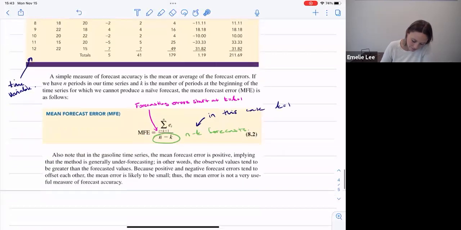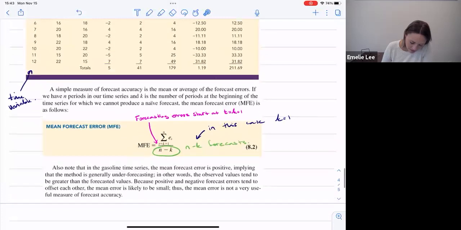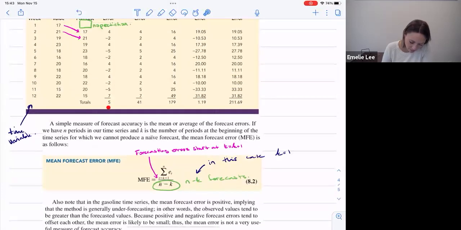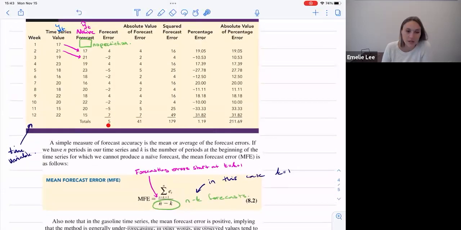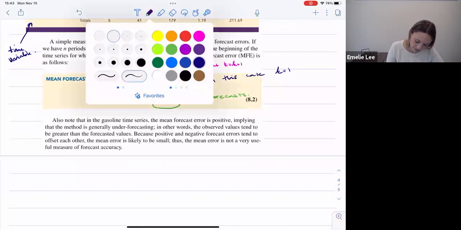So I think the mean of the forecast error here would be, because we have the sum of 5, and then 5 divided by 11 is going to be 0.4545.